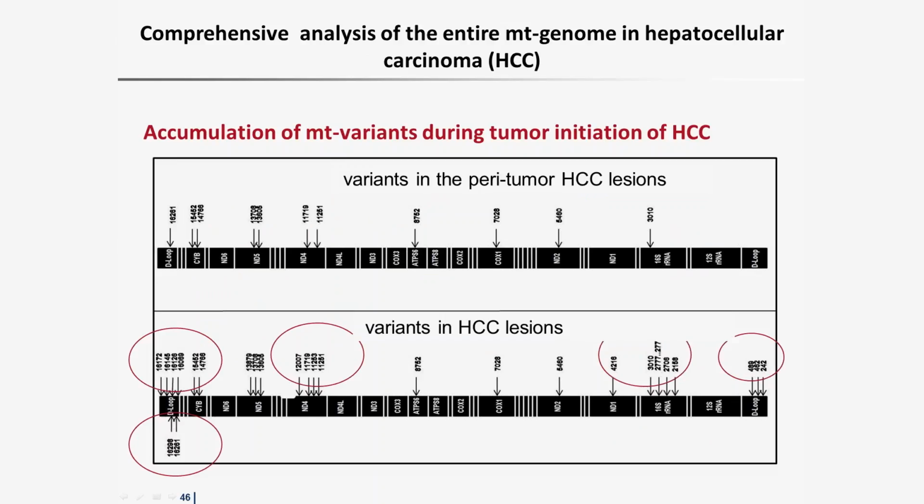So we also used this comprehensive mitochondrial genome analysis on a cohort of hepatocellular carcinoma, and we compared the mutants also with the peri-tumor lesions. And here we observed that the mutations are accumulating after tumor development. As you see here, many more mutations occur when the hepatocellular carcinoma has developed.